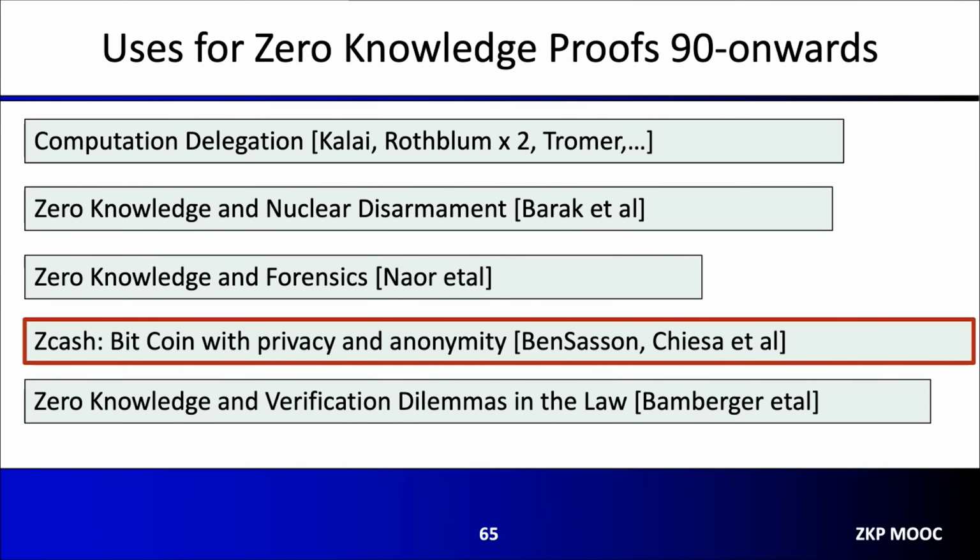More recently, there's some work by Bamberger, Rebecca Wexler, Ron Canetti, Evan Zimmerman, and myself that shows that zero knowledge might be a very important tool in the legal domain, where there are many verification dilemmas in the law that currently necessitate revealing a lot of information that you might not want to reveal, and zero knowledge can be used instead.